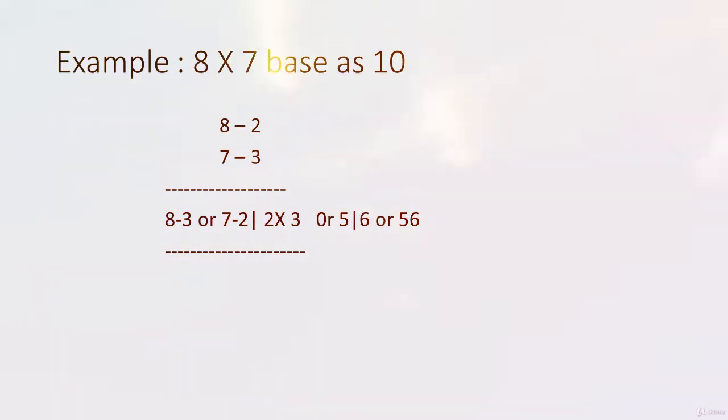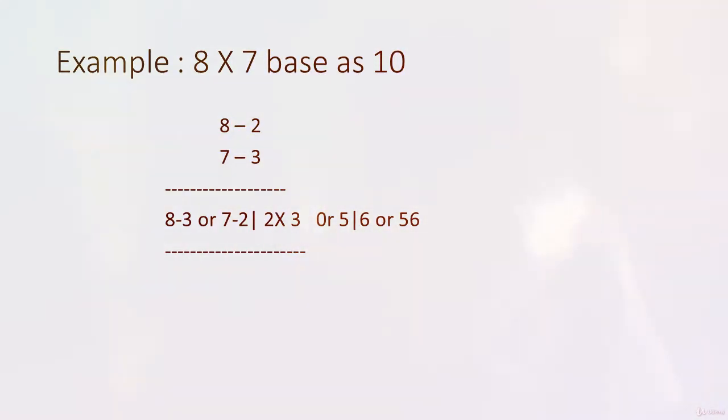Now we come to the second example. It is also a single digit multiplication. 8 multiplied by 7. We take base as 10. 8 is short by 2 to the base and 7 is short by 3 to the base. So it is written as 8 minus 2, and below it we write 7 minus 3.